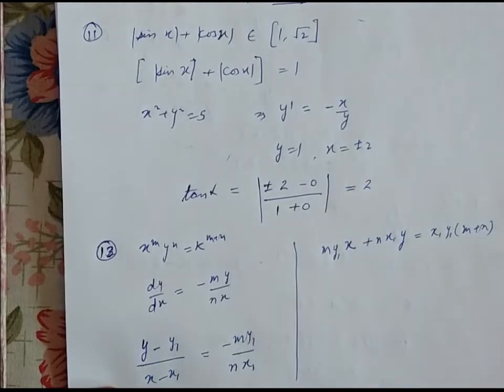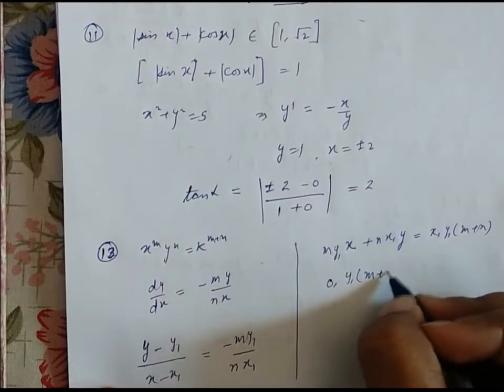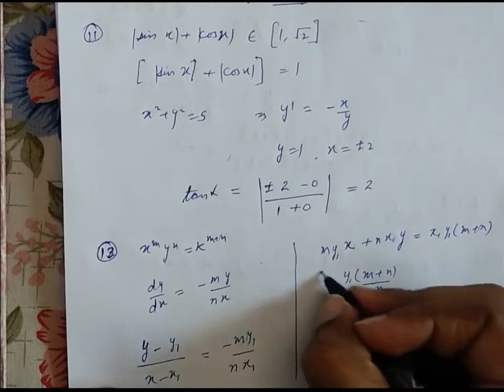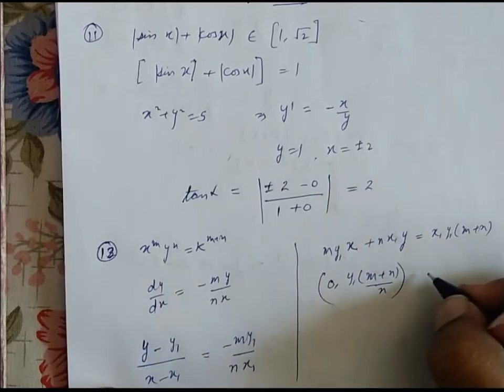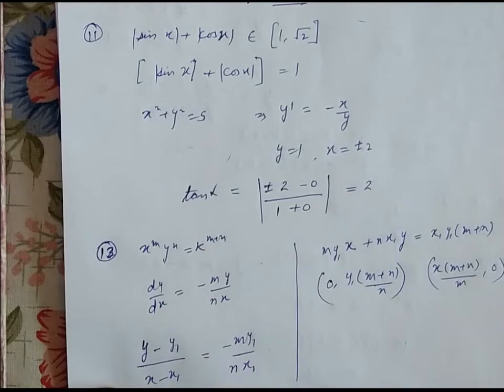Clear. Now at x is equal to 0, y is equal to y1 (m plus n) upon n, and at y is equal to 0, x is equal to x1 (m plus n) upon m. Okay.